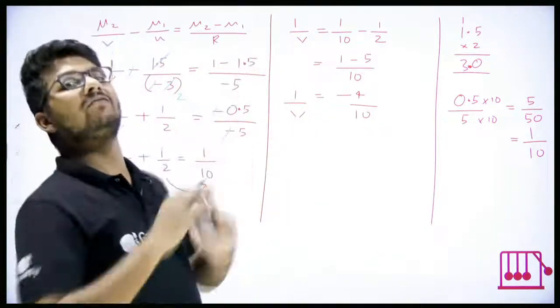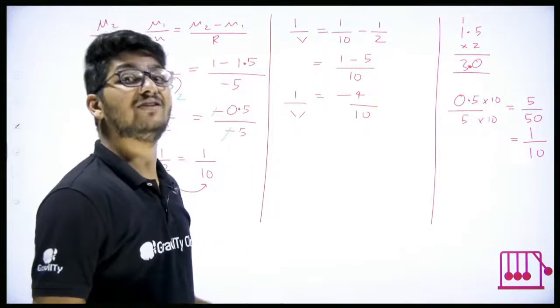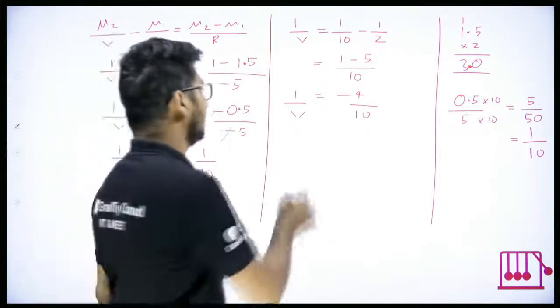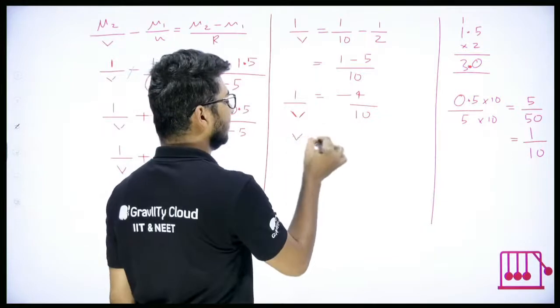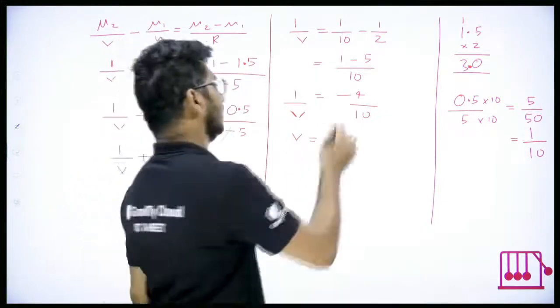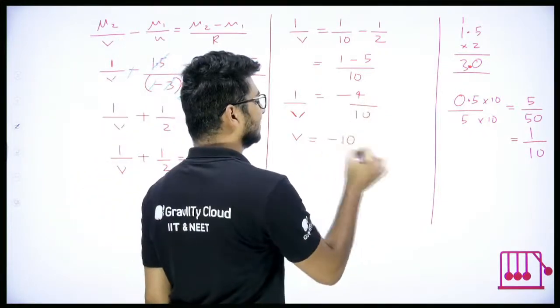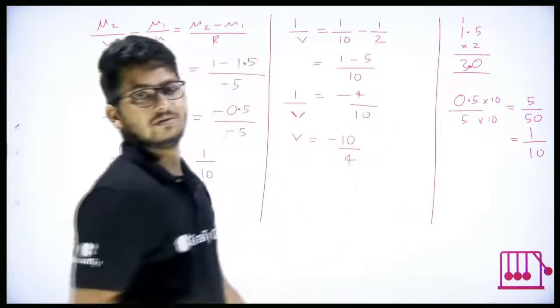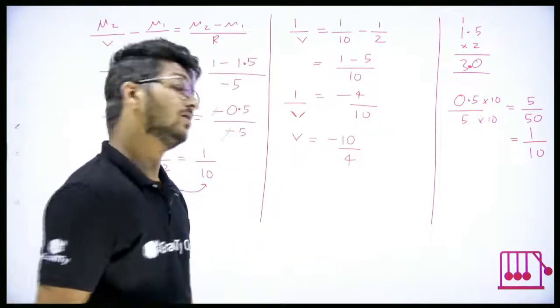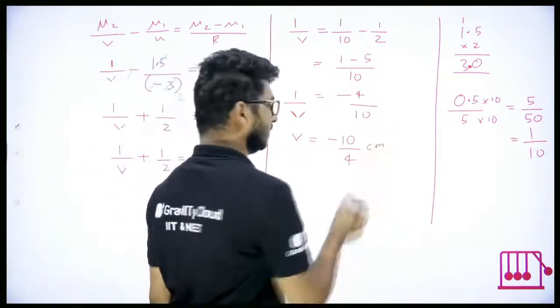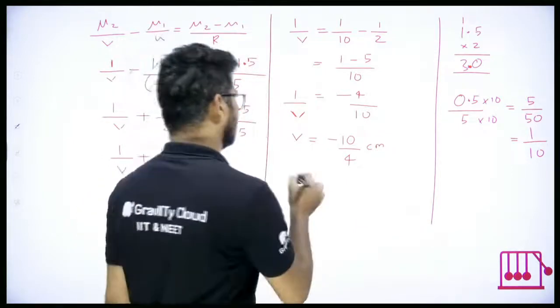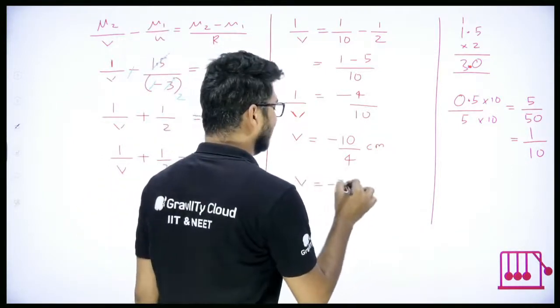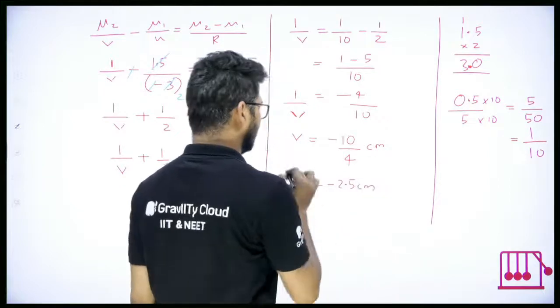We got 1 by v. But what do we need? We need v. We have to take the reciprocal. So v will be equal to, if I do the reciprocal, minus 10 by 4. And what will the units be? Centimeters. What is minus 10 by 4? It is minus 2.5 centimeter.